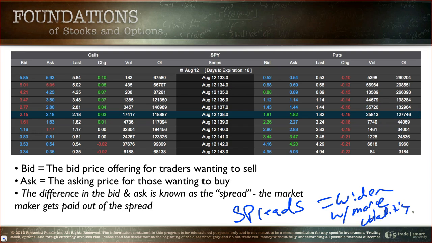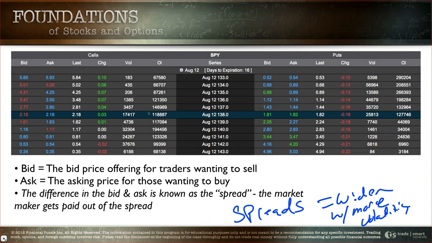So if you launch your option chain first thing in the morning, right as the market is opening, and you see an influx of orders come in, you'll see these spreads separate as the market makers try to cover themselves to make sure that they can match the buyers and sellers, because these orders come in very, very fast. I mean, literally thousands of them at a time. And so the market makers are widening and tightening their spreads to try to provide a competitive market, but at the same time not lose money matching the market.